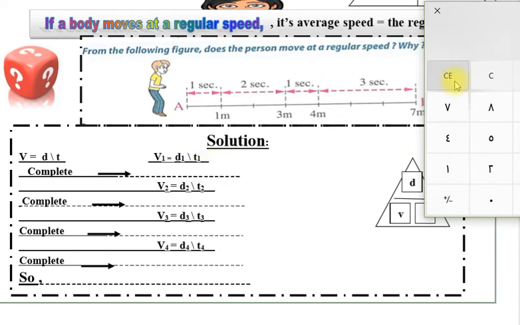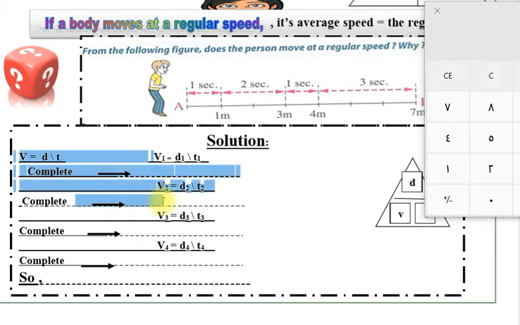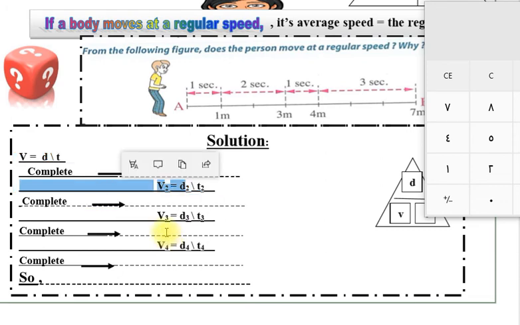The second speed: 3 minus 1 equals 2 meters, so the difference between the end of the first distance and the end of the second distance equals 3 minus 1. 2 divided by 2 equals 1 again. So the first speed equals 1 and the second speed equals 1.